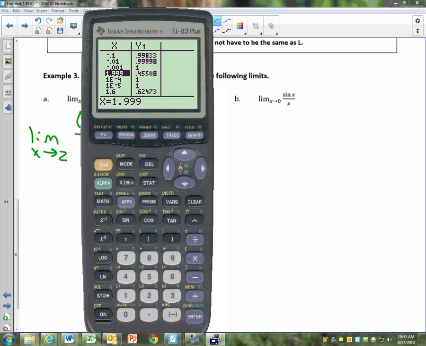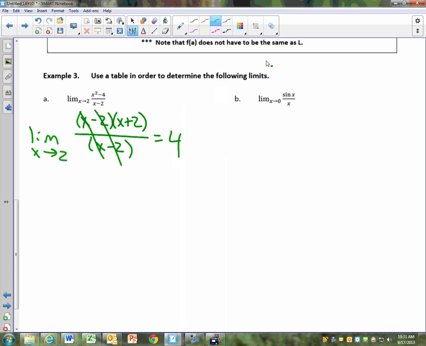I did that from the left. Now we'll do it from the right. 0.1, 0.01, 0.001. And that appears to be approaching 1 as well. So does the limit exist? Yes. So sometimes you can't use actual algebra. You have to use a table. So it equals 1. We confirm that by the table. Does that make sense? Got to go from the left and the right.